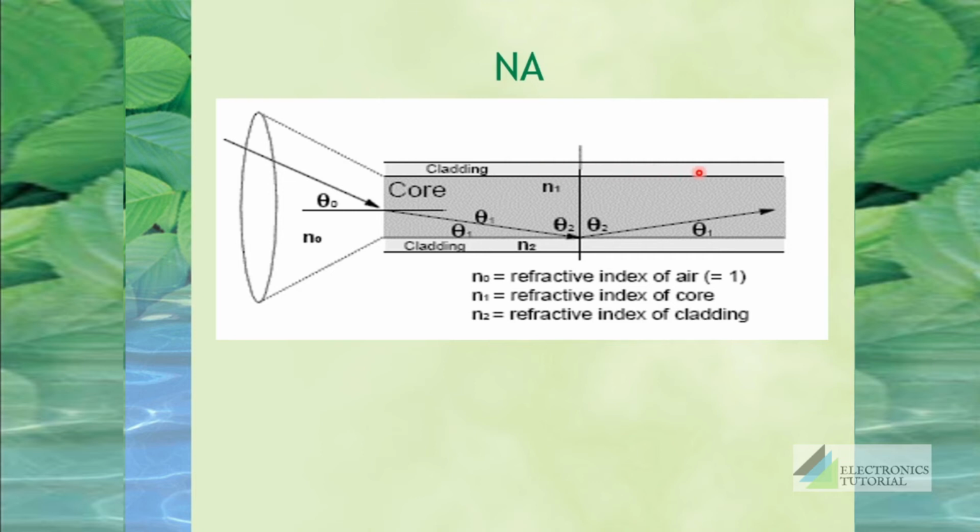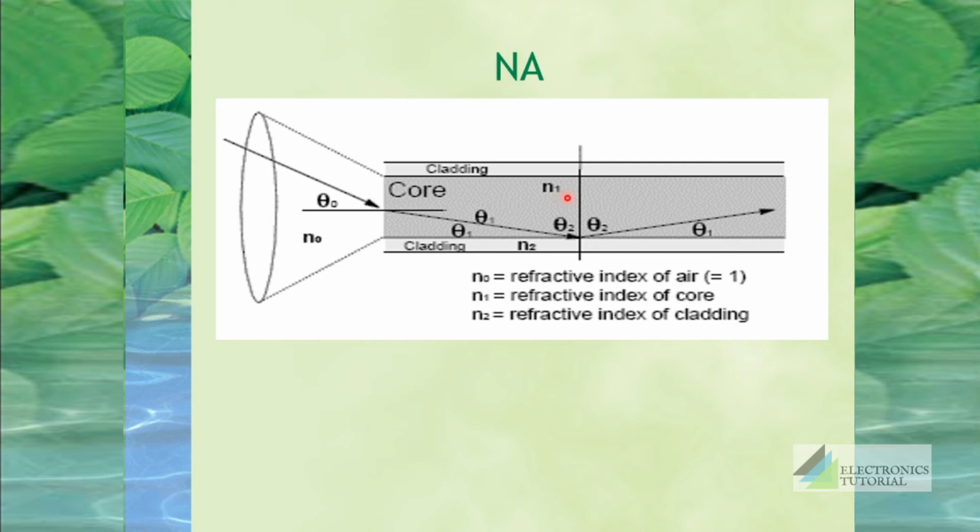The optical fiber is represented here, and as said earlier, this will be the cone of acceptance of this fiber, which is defined by this acceptance angle. Here it is termed as theta 0. The refractive index at this portion is defined as n0. Here we are considering the light beam is traveling in air, so the refractive index n0 at this portion will be 1.